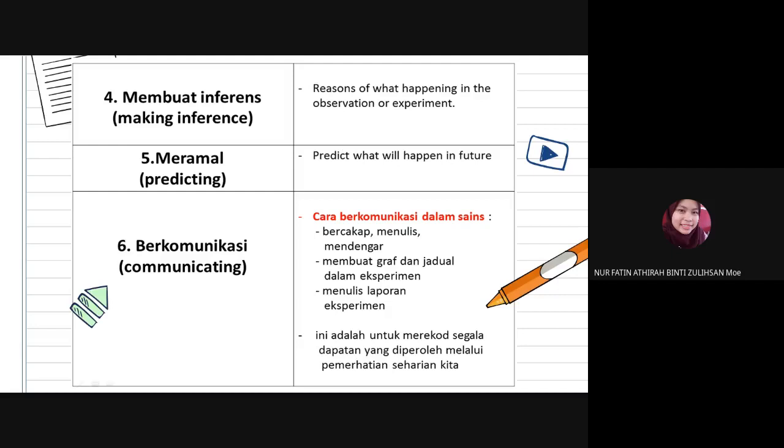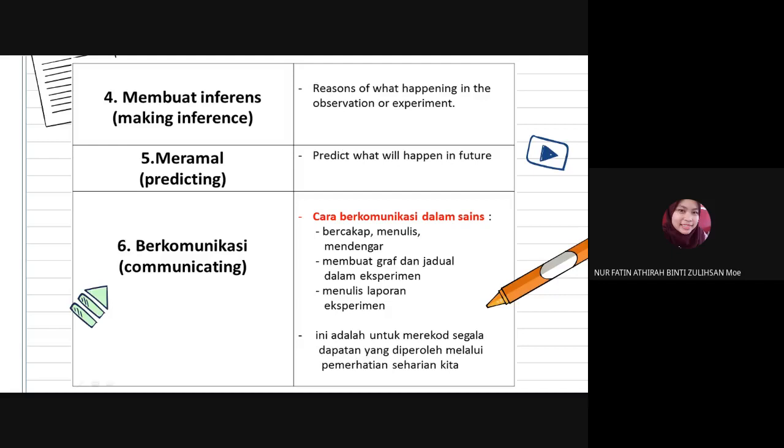So you are giving reasons why there are many dried leaves after a few weeks. You may answer: there are many dried leaves on the plant because the plant does not receive enough water or nutrients. You are using "because". Whenever you use "because" in an experiment, you are using the skill of making inference. I hope you understand.